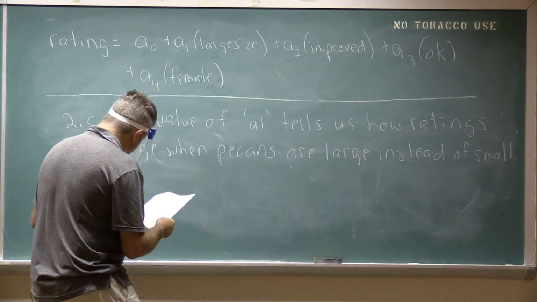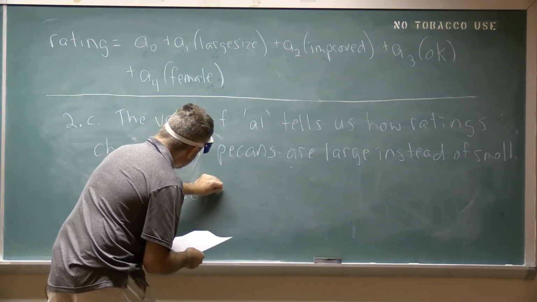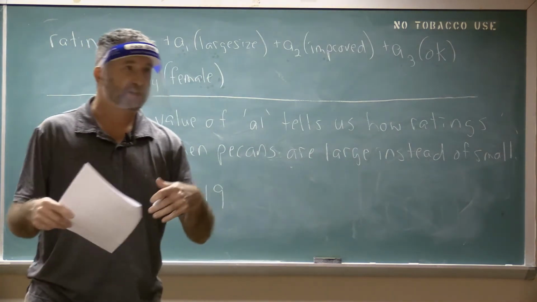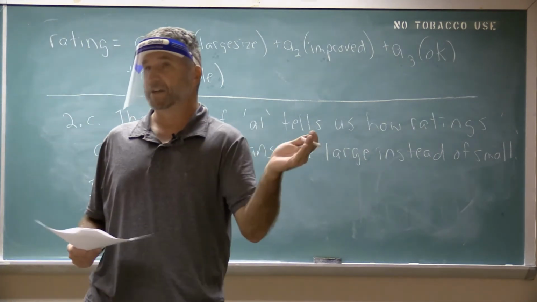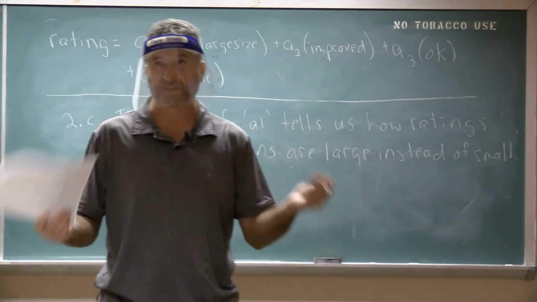Here our value of A1 is 0.5619. And so when you increase the size of the pecans, people like it better. They increase their rating. How much? They increased their willingness to buy it.